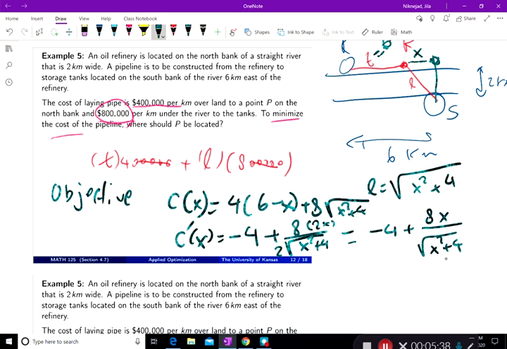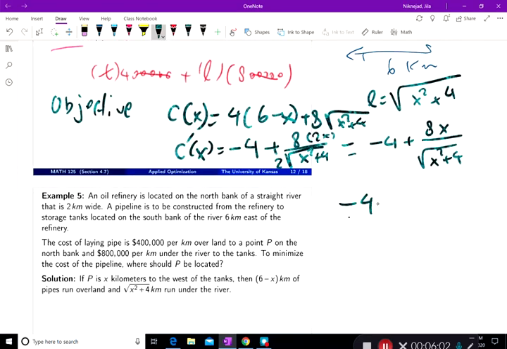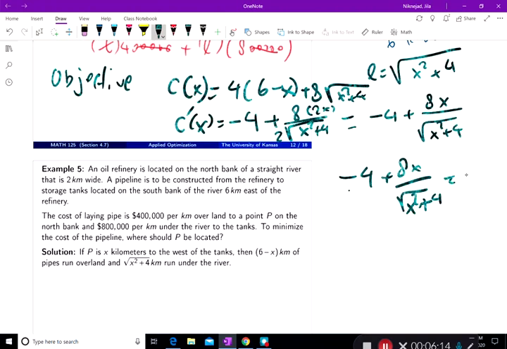The derivative exists everywhere, because x squared plus 4 is always positive and never 0. So I set negative 4 plus 8x over the square root of x squared plus 4 equal to 0.